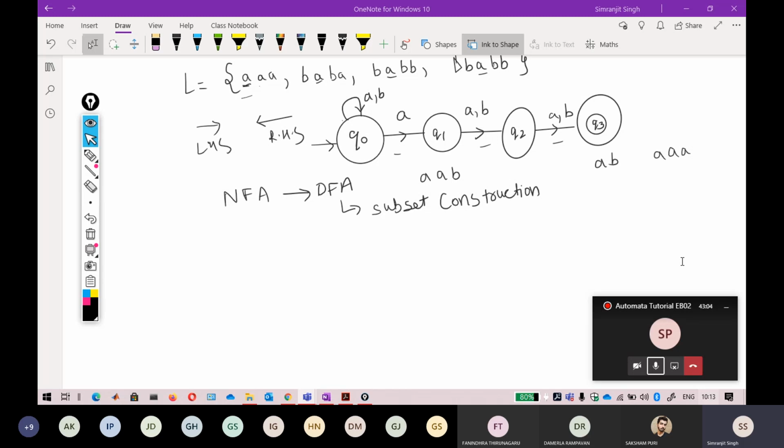I think you should try to minimize it also. The original DFA will again contain around 7 to 8 states. So just see a little bit where you go wrong here.